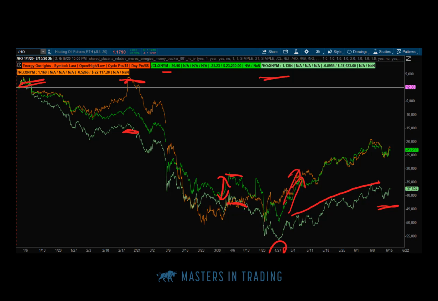So when they disconnect, just like a rubber band, we expect them to snap back in place. So the trades that we could do is, again, we could sell and we can buy. Or we can just buy. Look to buy heating oil. And that's what I wanted to do. That was the first step.